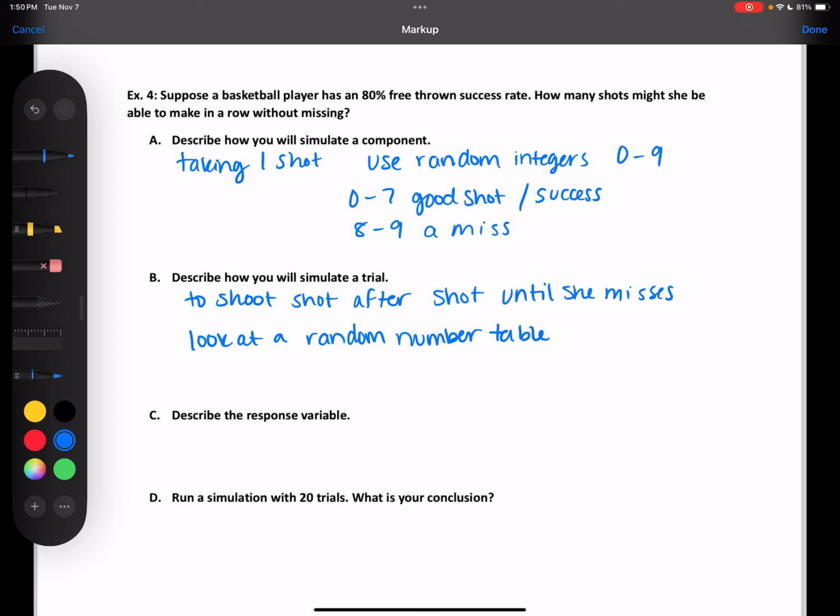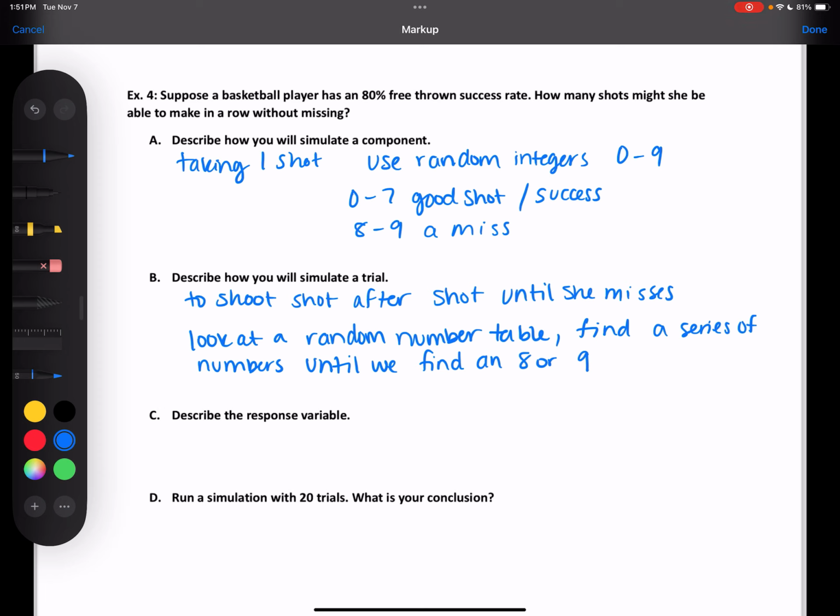But look at a random number table, find a series of numbers until we find an 8 or a 9. So it's basically I'm counting make, make, miss. Okay, when she gets to the miss, we stop. We're looking for how many makes there were before a miss.